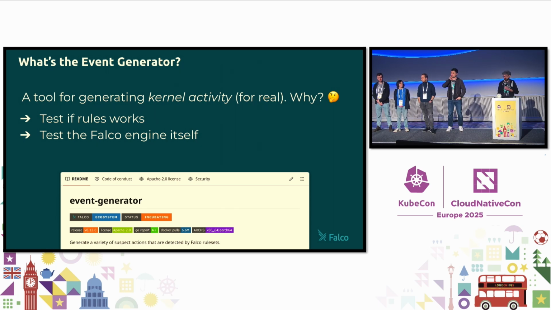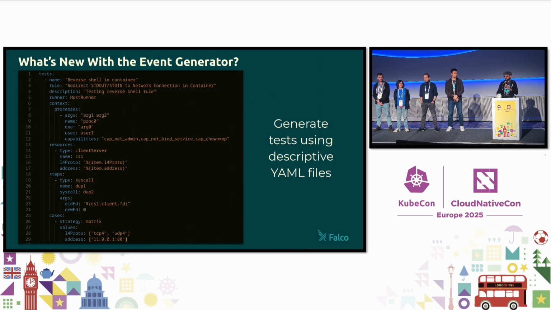But what's the news? The news is that until now, all the actions that the event generator could create were hard-coded, mostly in Go, into the tool. Now we are going to introduce a declarative way to generate tests. Basically, it is a full-fledged test suite where you can define, of course, the name and the rule that you are targeting, but you can also create a context for the event that you are going to generate.